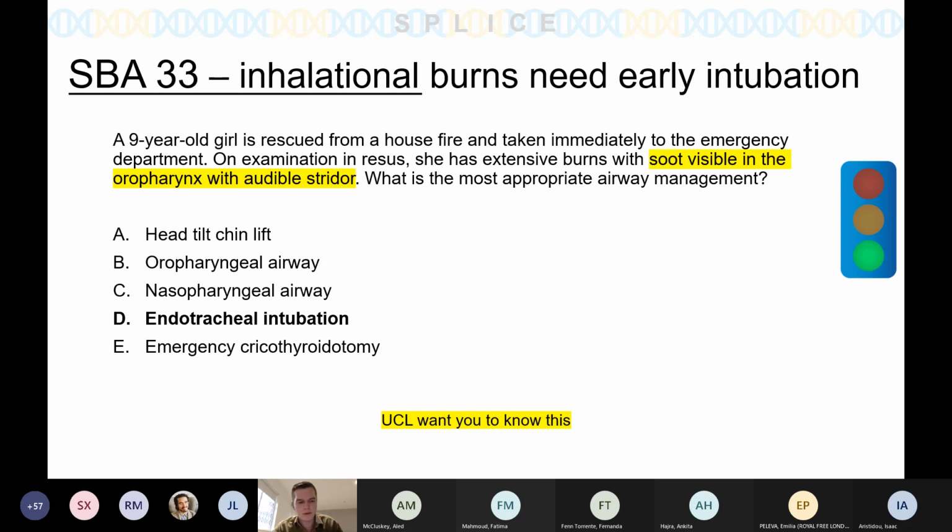I think some of you will know what burns contractures look like. The skin kind of all pulls together. This person, even if the airway is all right now, needs intubating sooner rather than later before the proverbial S hits the fan, because they will get worse from here. So intubation early in inhalational burns is an important thing to know.